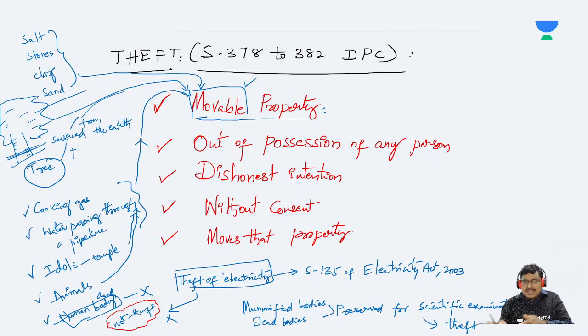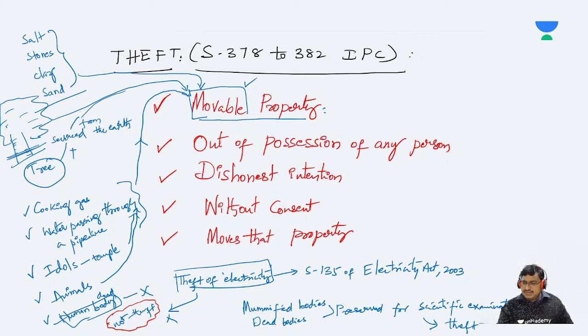That taking must be with dishonest intention, with a malafide intention, and without his consent. If without his consent a movable property has been taken out of the possession of such person with a dishonest intention, it amounts to theft, friends.